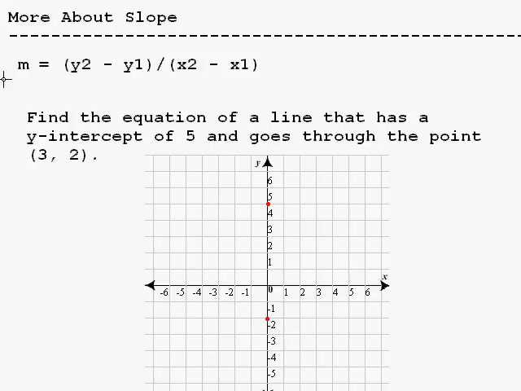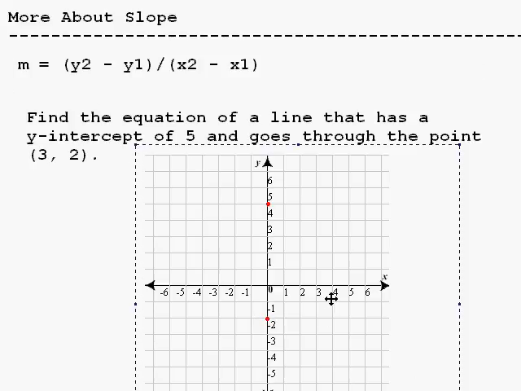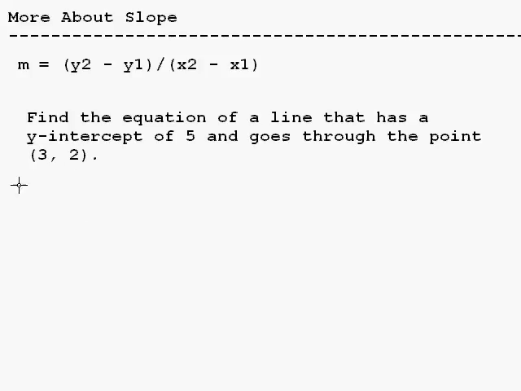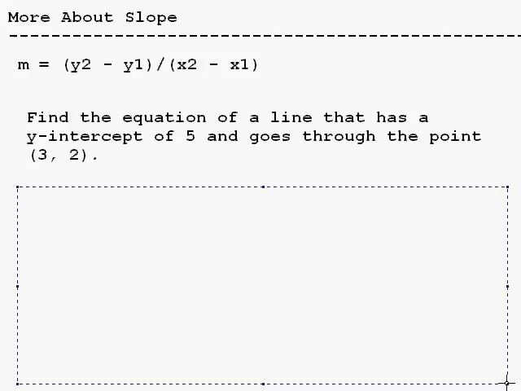So what we have now is it goes through 2 points, 0, 5 and 3, 2. And we just showed before that we know how to find the slope.